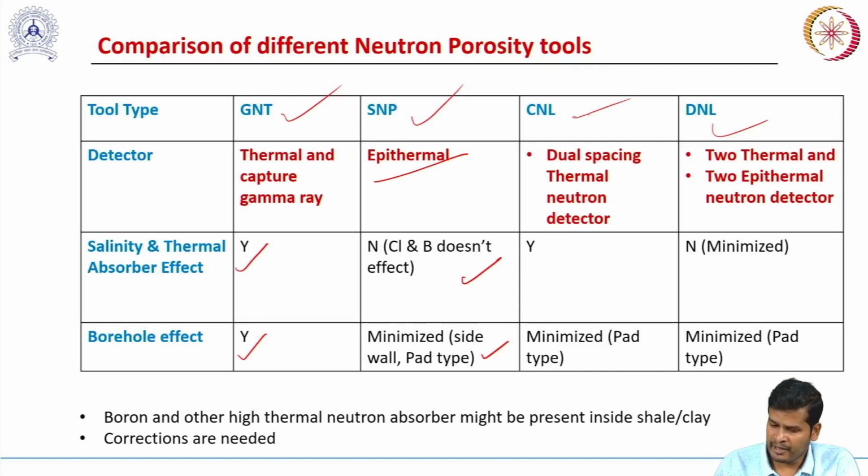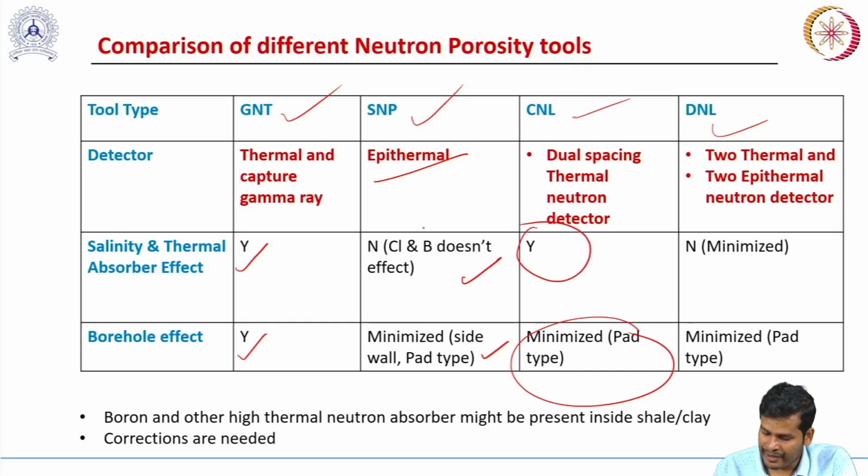When it comes to the CNL logging tool and the DNL logging tool, which are used nowadays, the CNL logging tool has only two detectors which are pad mounted. So these two detectors are thermal neutron detectors. So obviously they are pad mounted, so borehole effect is minimized. They are still affected by the salinity because we have thermal neutron detectors.